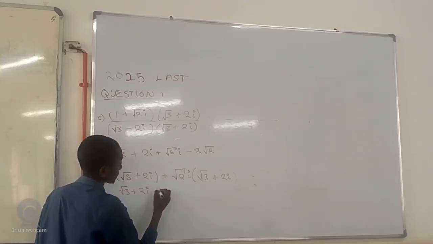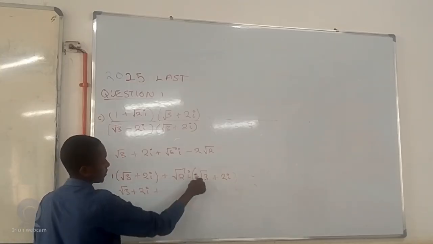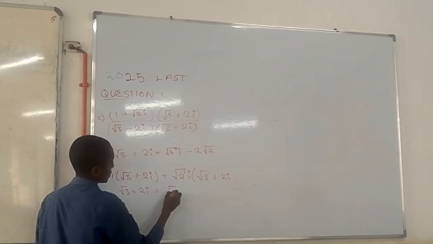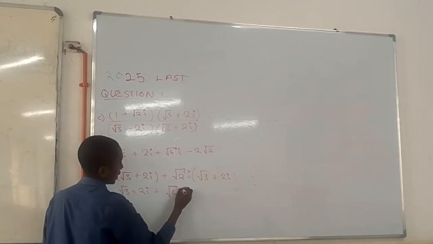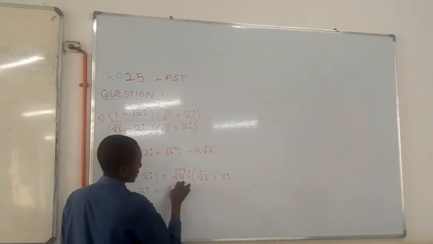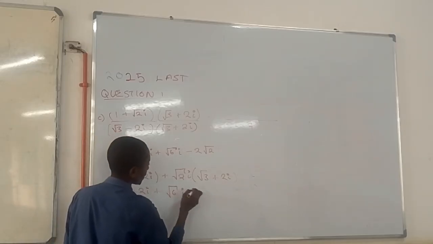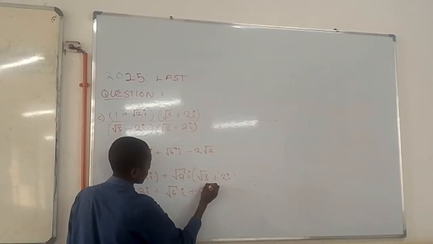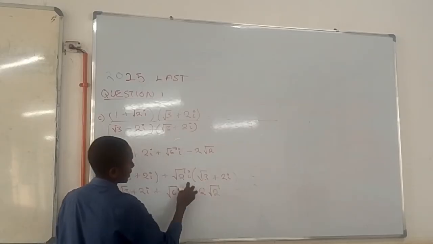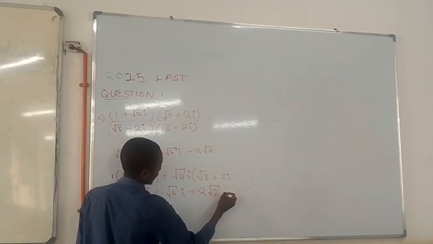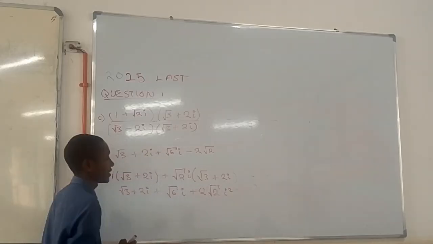Then this will be plus 6 root 6 I, then plus 2 root 2, this I times this I squared.